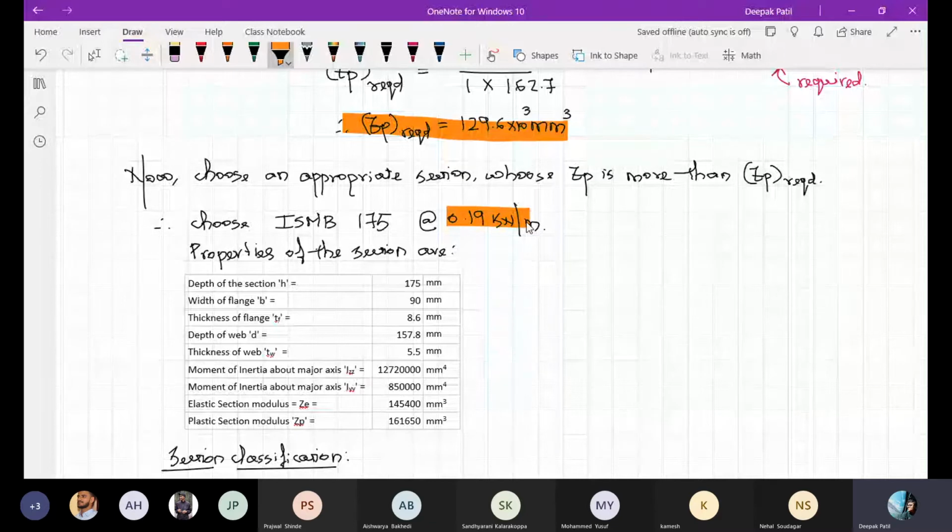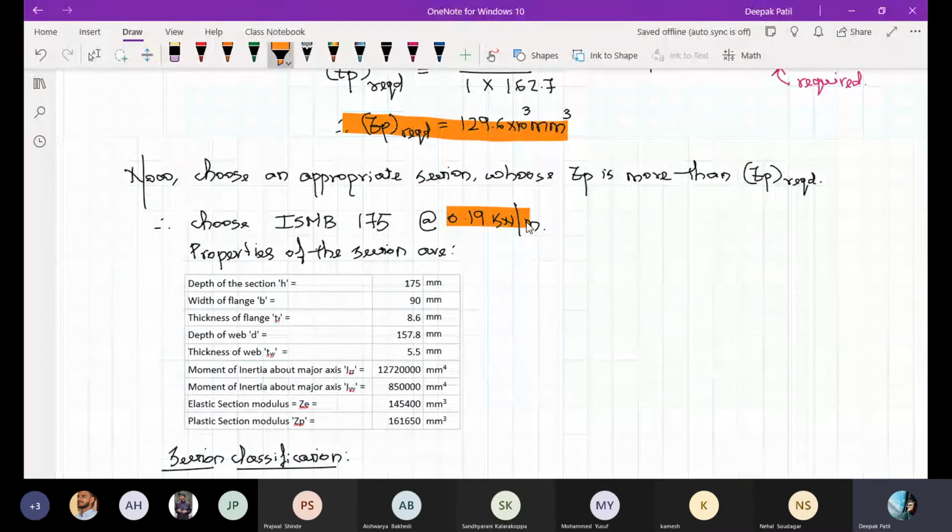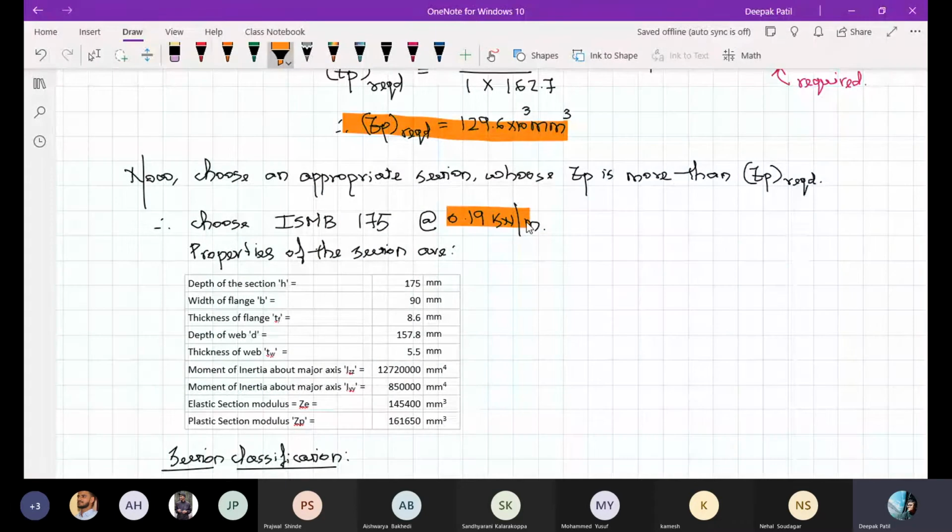It is not compulsory that you have to choose this section itself. You can go for any other section whose plastic section modulus is more than this, ISMB 200 or ISMB 225. Maybe you may get a section in ISLB itself, that is Indian Standard Light Beam. This is the Indian Standard Medium Weight Beam. So it is not a hard and fast rule that you have to go for this section itself.